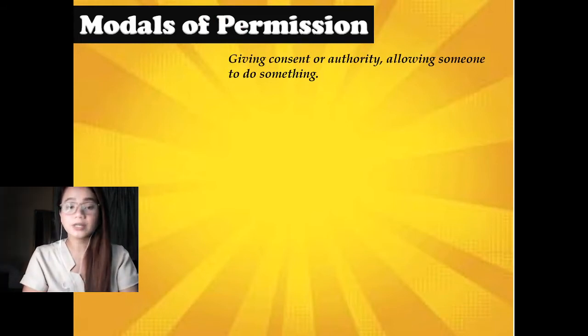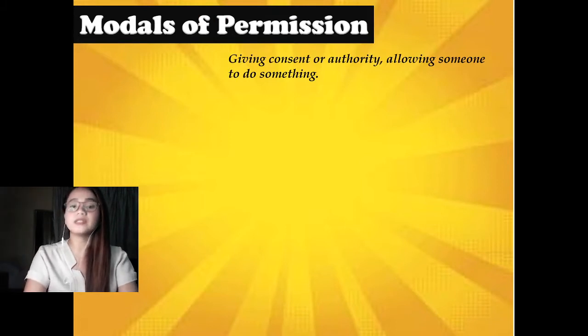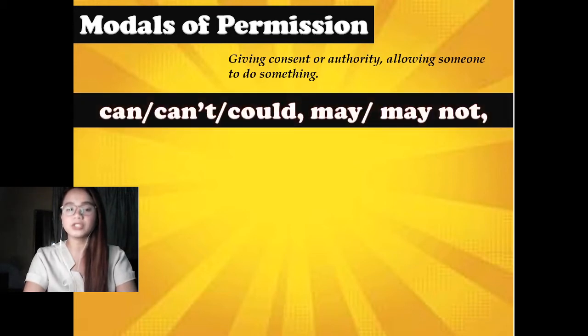When we say permission, class, we are giving consent or we are giving authority to someone. Or in simple terms, we are allowing someone to do something. So these are the modals that we use in giving or asking permission. The modal can or its negative form can't, or could. The modal may or its negative form may not.